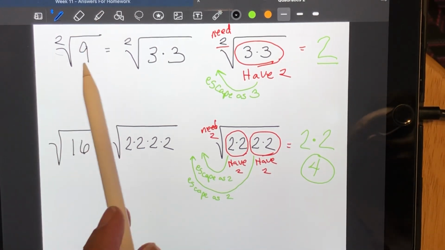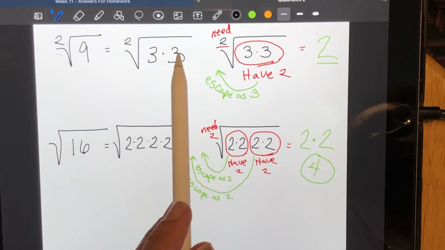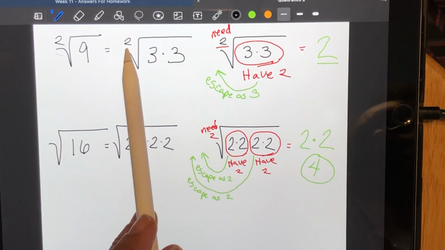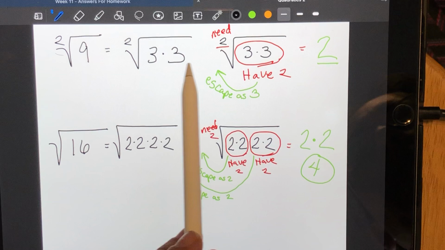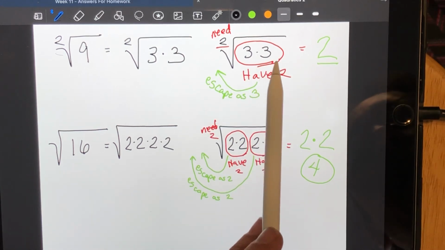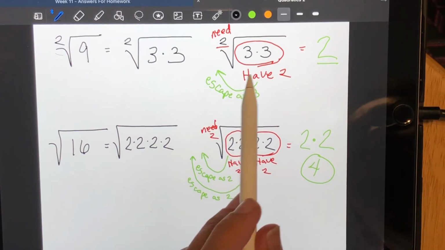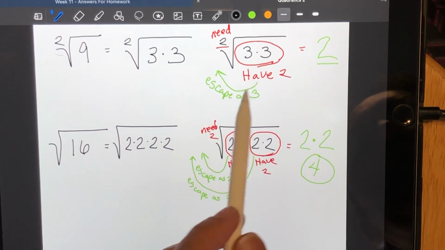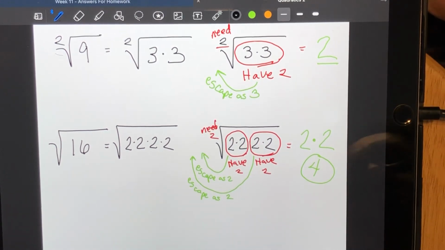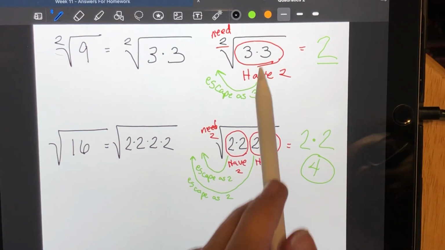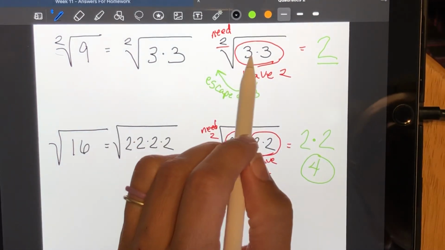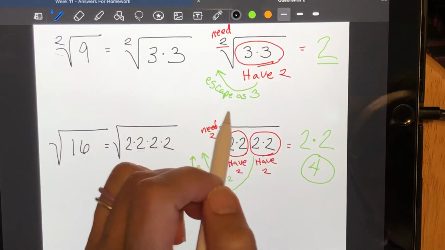I can rewrite 9 as 3 times 3. So it says I need 2. I have 2, so I circle the 2. I circle whatever I need. And then it gets to escape out from underneath the radical. The important thing when you're doing it this way, though, is that it is not escaping as 3 times 3.